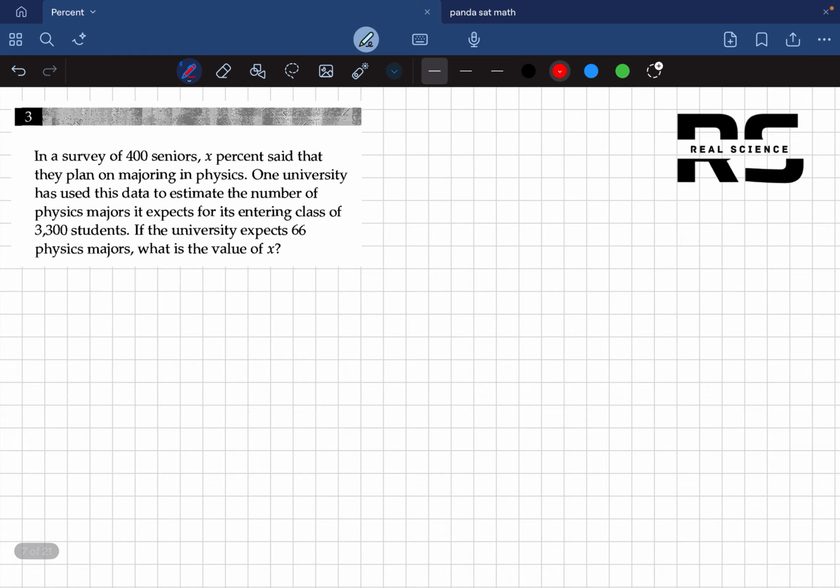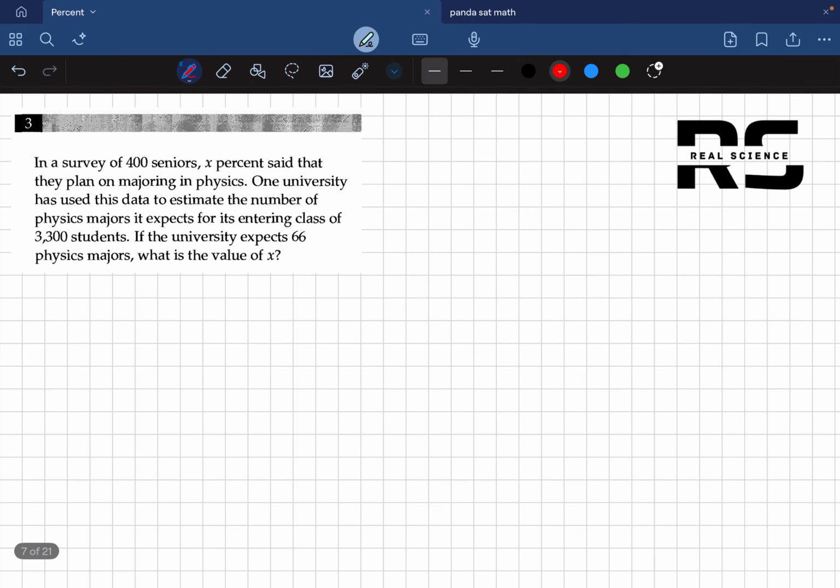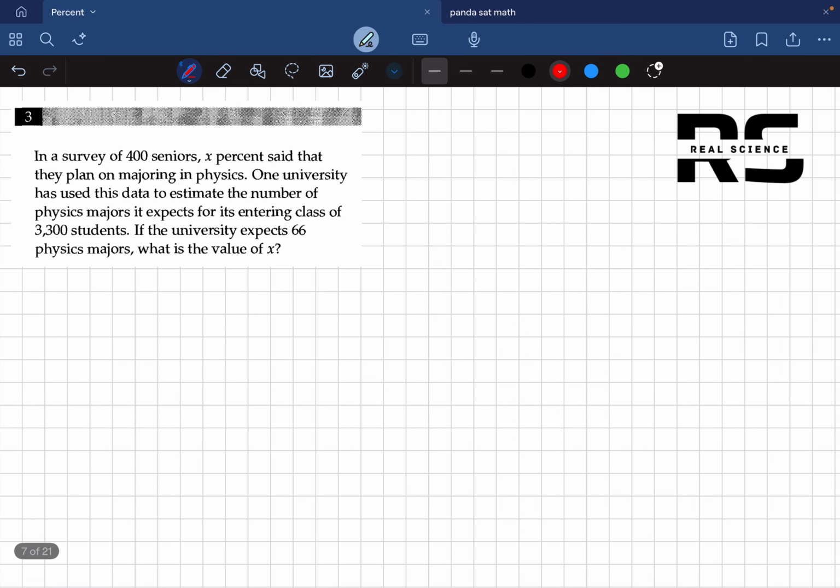Let's look at number 3. It says, in a survey of 400 seniors, x% said that they plan on majoring in physics. One university has used this data to estimate the number of physics majors it expects for its entering class of 3,300 students. If the university expects 66 physics majors, what is the value of x?